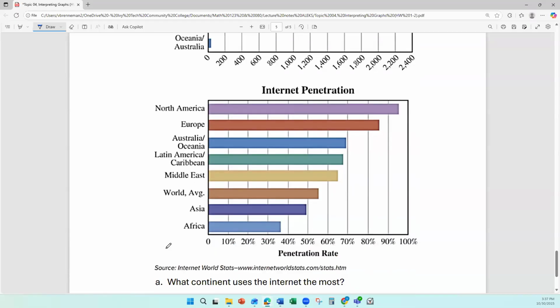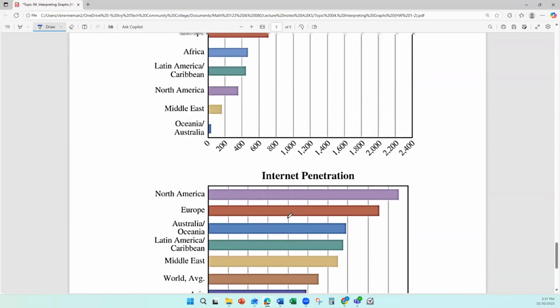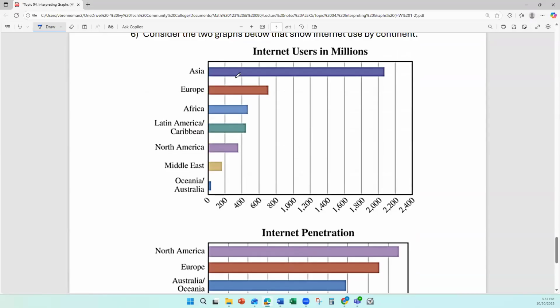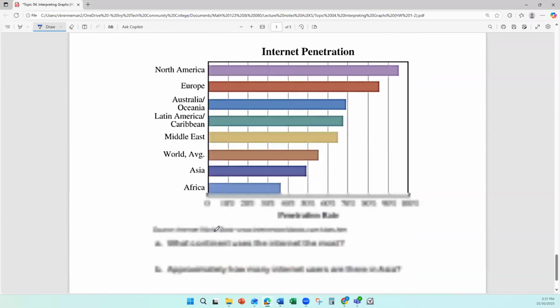This is to show that it can be unclear. So is what continent uses the most the one that has the most people on that continent using the internet? That would be Asia. If it's what continent is mostly, like most of the people on that continent use the internet, that would be North America.